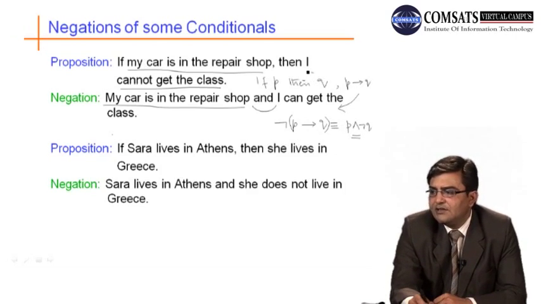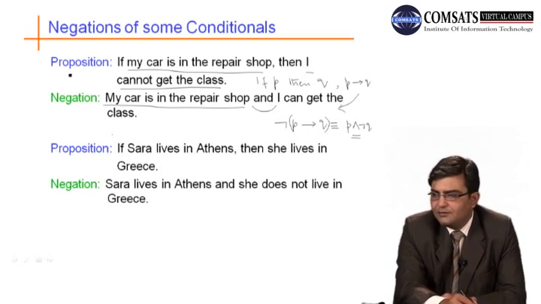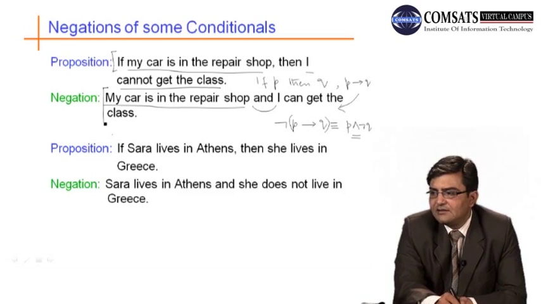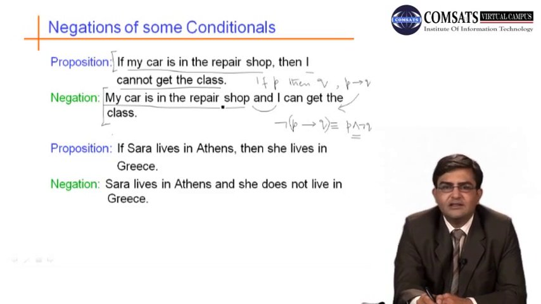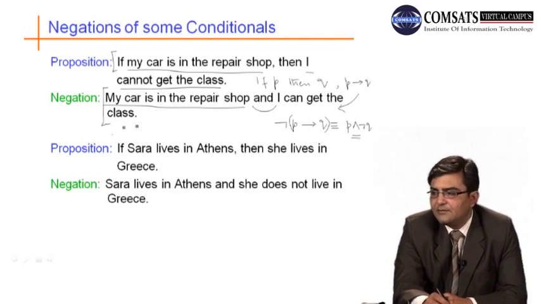Q is I cannot get the class. The negation of this will be I can get the class. So the negation of this conditional proposition can be written as my car is in the repair shop and I can get the class. So this is the opposite statement.